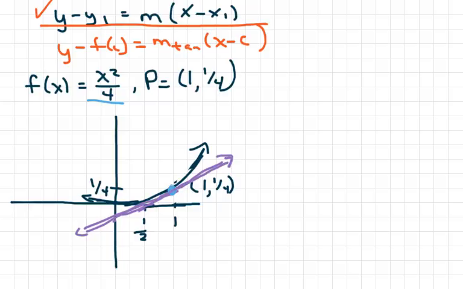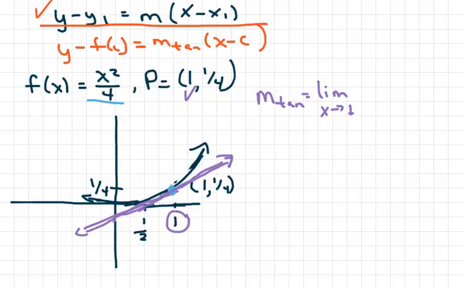Basically, we're going to use limits, because it only contains the one point. I'm going to find the slope of the tangent line by taking the limit as x approaches 1. There's your 1 right here.